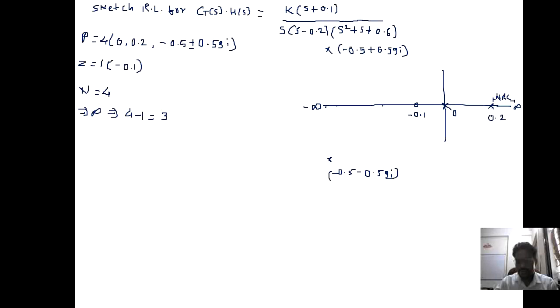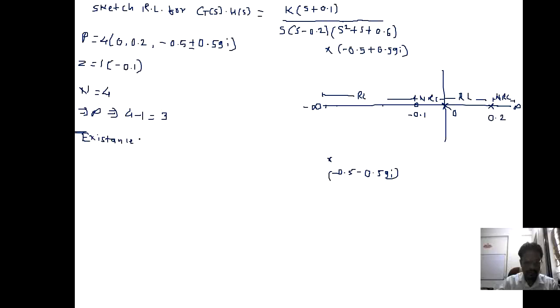Then between 0.2 and 0, put any point, check on the right hand side and count the number of poles. The number of poles on the right hand side is 1, which is 0.2. 1 is an odd number, that's why it is a root locus region. Likewise, the next is a non-root locus region, then a root locus region, then again a non-root locus region, and this last one is a root locus region. Got it?